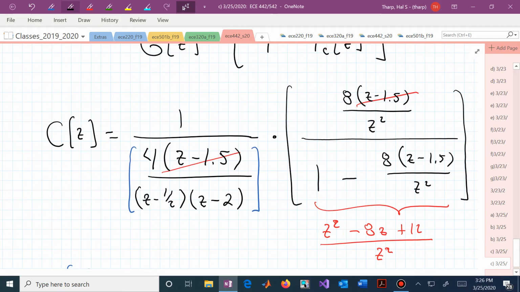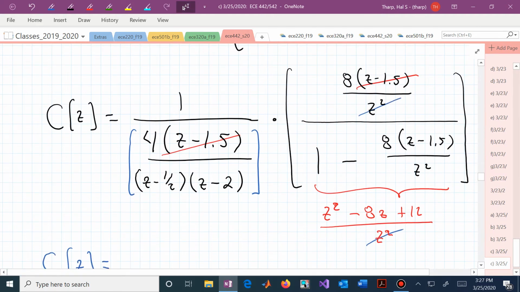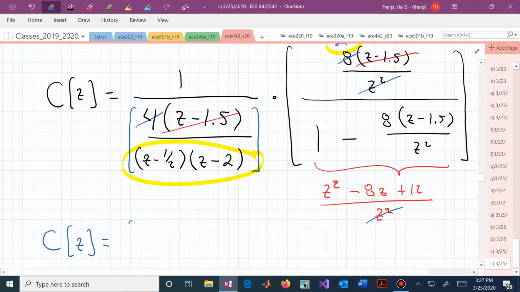Well, this z squared cancels that z squared, and this 4 can cancel half of the 8. So let's clean this up a little bit. We have 2 in the numerator. This can also go upstairs since it's in the denominator of the denominator, so we now have 2 times z minus 1/2 over z minus 2.